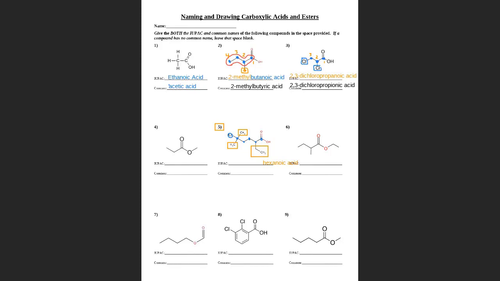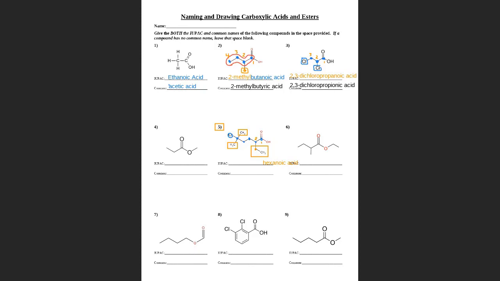Okay, so first of all, are all of those 3 branches the same? Oh, no, they're not. So I'm wrong. Let's go ahead and number the carbons because that's always a good idea first, right?